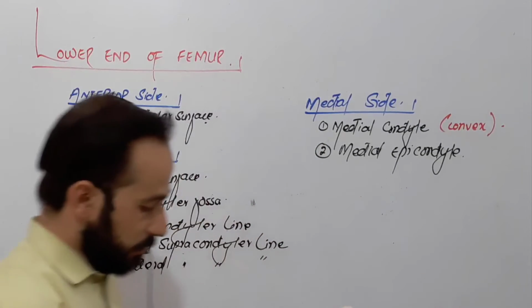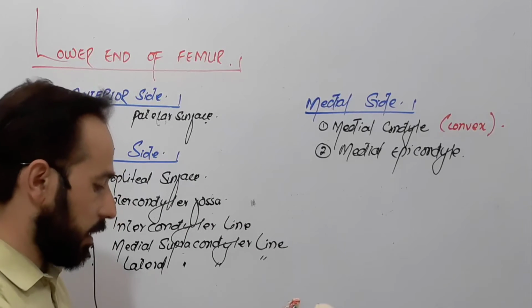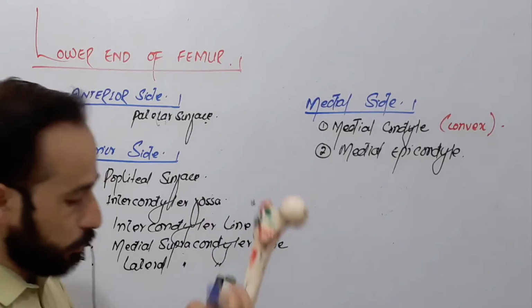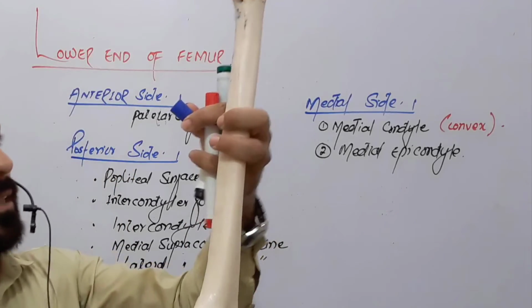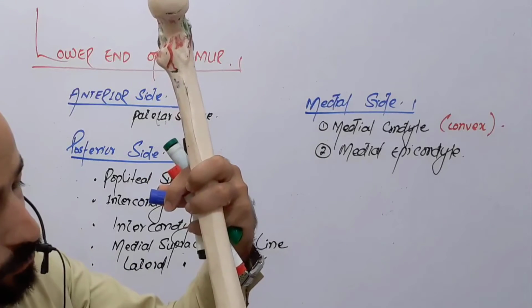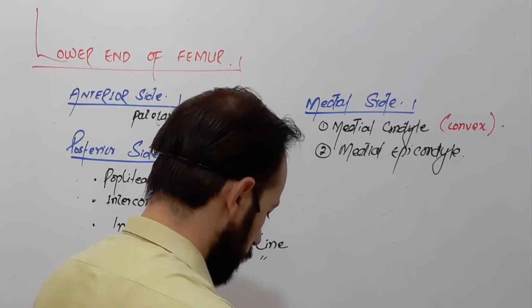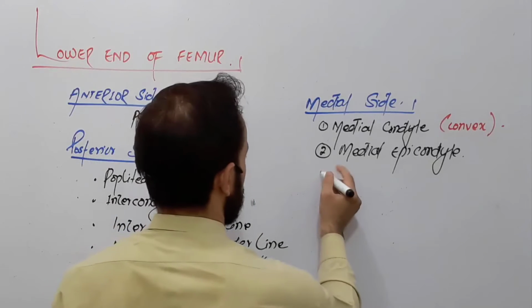So there is medial condyle, there is the medial epicondyle, and there is the important tubercle which is called the adductor tubercle, right? So here we have a tubercle which is called the adductor tubercle. Let me write here.